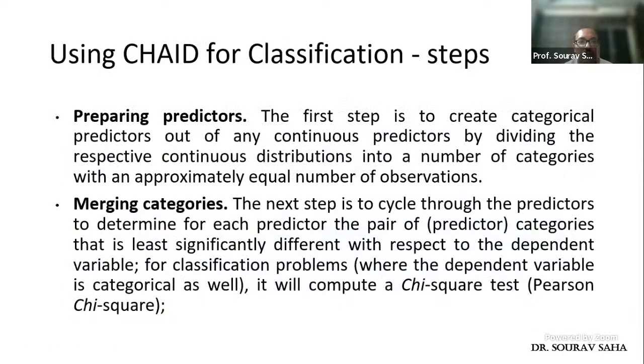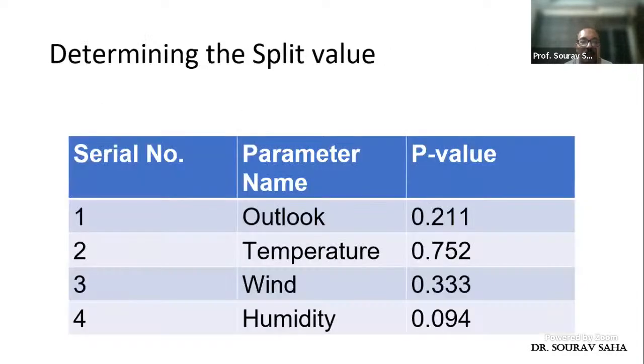So like that, we will basically split the data, and this was what we got from the chi-square values. I'm sorry, not the chi-square value, the p-value which was calculated. You see the temperature has the maximum p-value, followed by wind, followed by outlook, and lastly humidity.